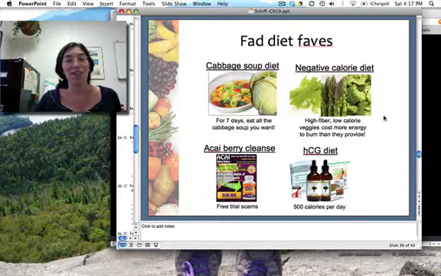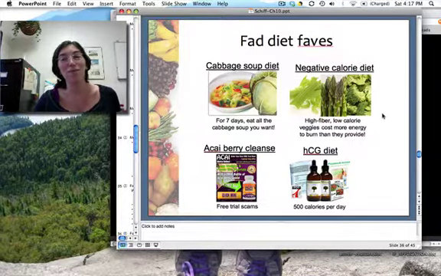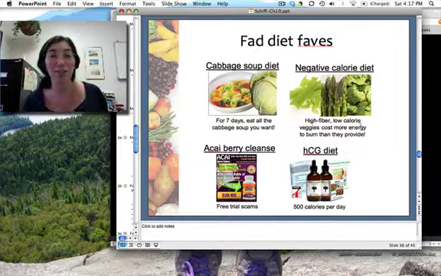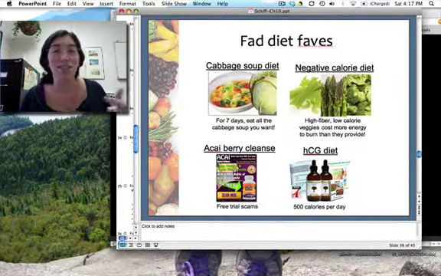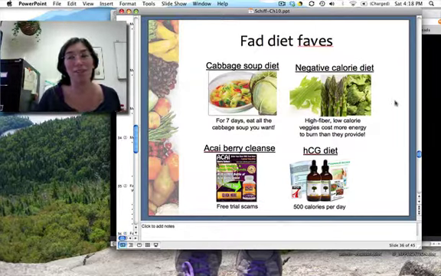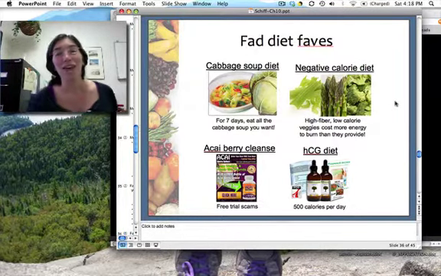The negative calorie diet, I like this one. This one argues that there are certain foods, namely vegetables that are high in fiber and water and low in calories, where the thermic effect of food, the amount of energy it takes to actually digest, absorb, transport and metabolize them, is more than the calories you get from eating them.